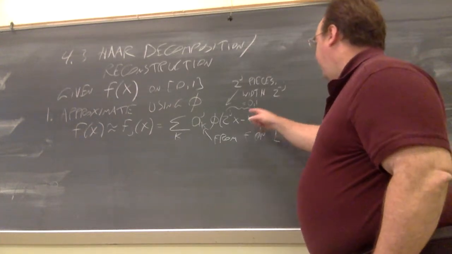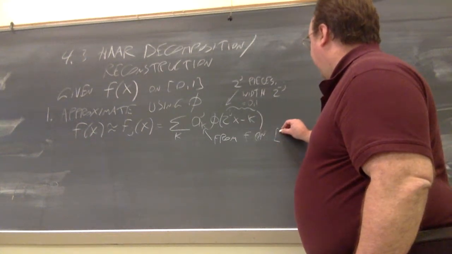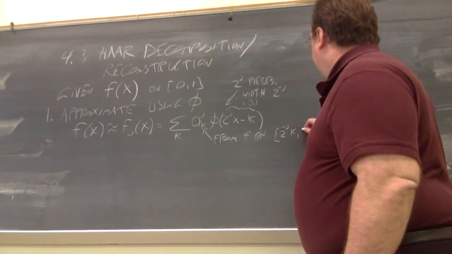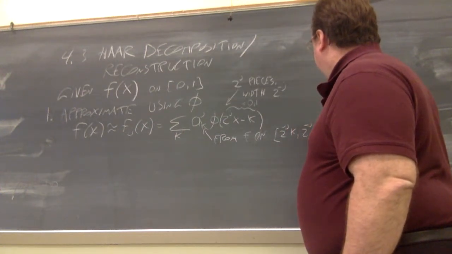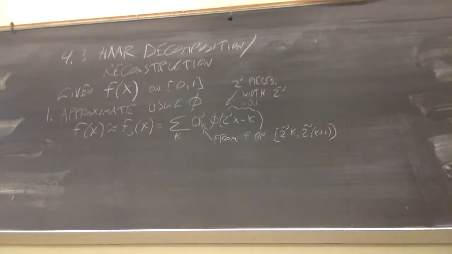So if I set this equal to 0 and solve for x, I would get 2 to the minus j times k, and then 2 to the minus j times k plus 1. So on that subinterval.